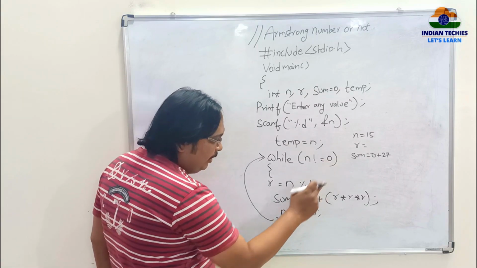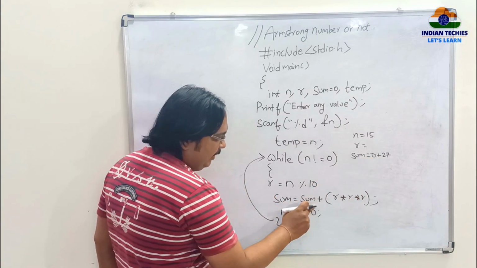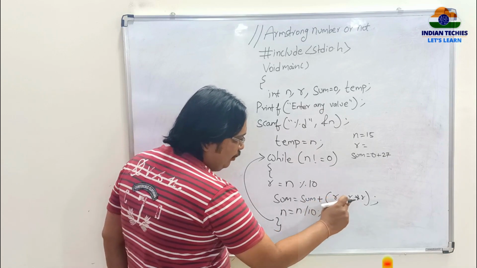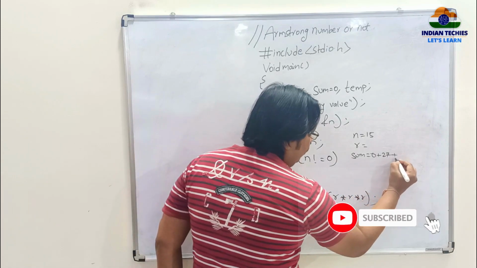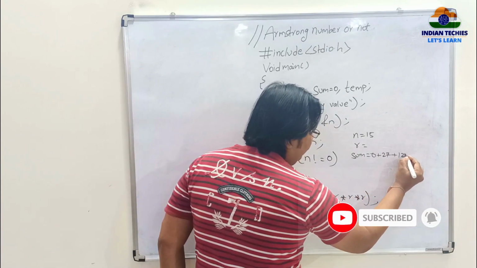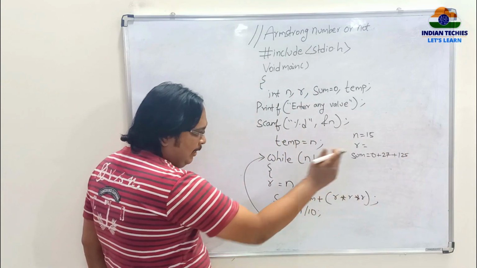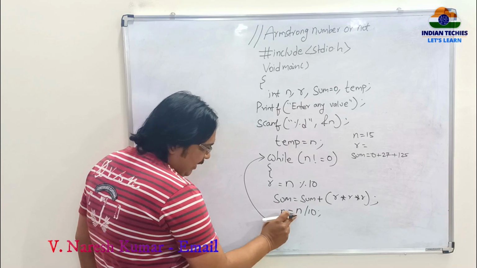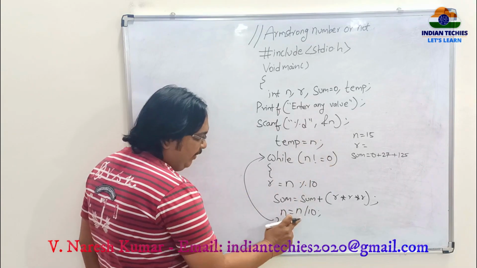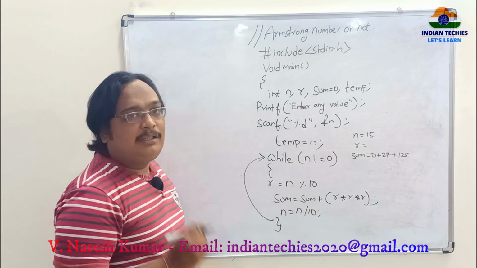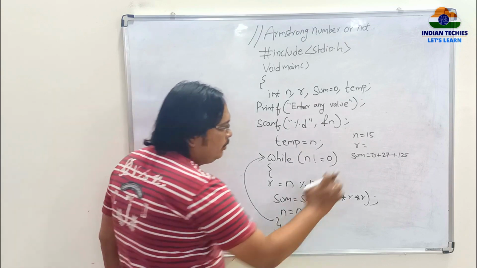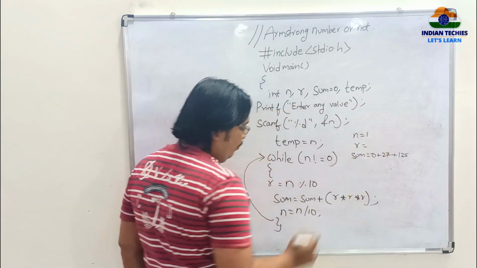Already sum is there. In sum, 27 is there. 27 plus 5 into 5 into 5. 5 fives are 25, 25 into 5, 125 will be added. Next, n by 10. n value is 15, 15 by 10. The value is 1. So now n value becomes 1.